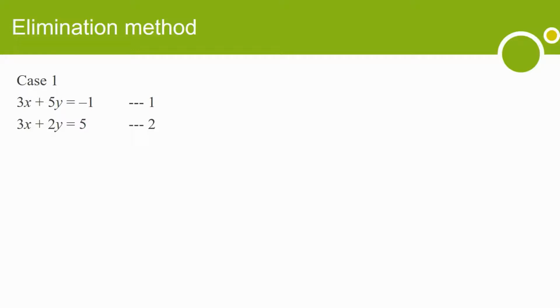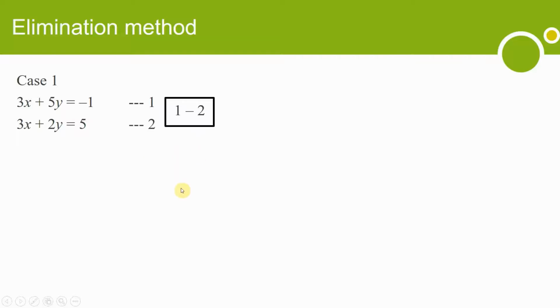Now we want to look at different cases in solving simultaneous equations using the elimination method. The key idea is to identify the same coefficient for the variables. For case 1, we have 3x and 3x. So we can use the elimination method using equation 1 minus equation 2.